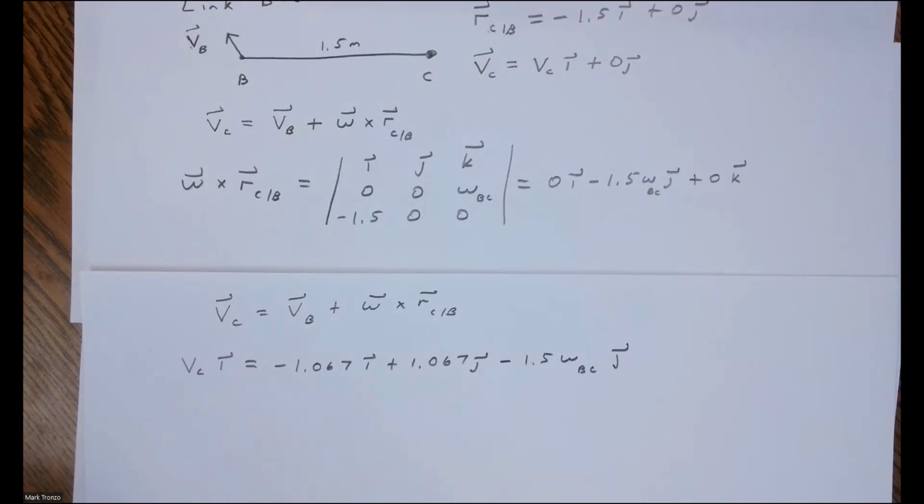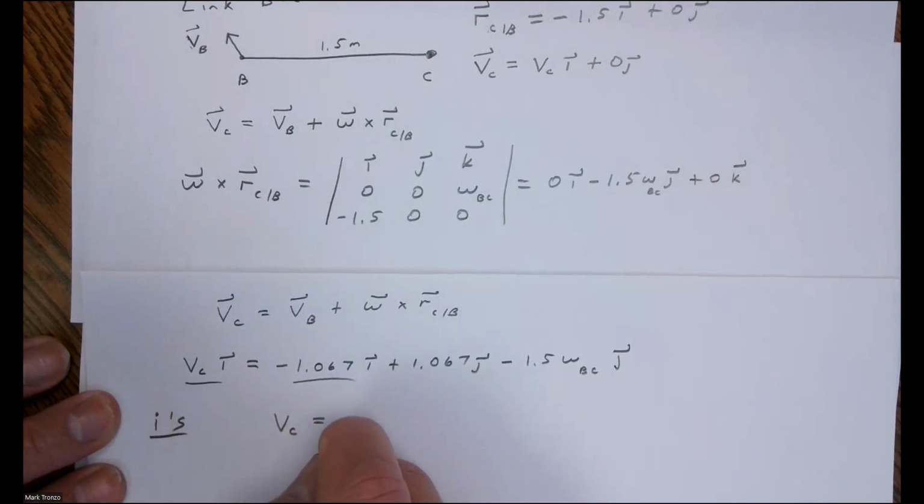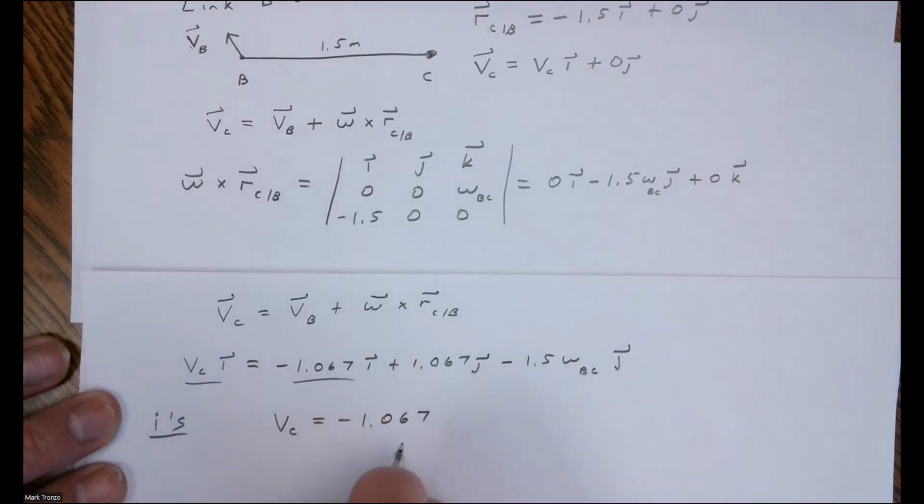And so we can set our terms equal. Let's focus first on the i's. So set the coefficients of i's equal. That gives us VC is negative 1.067. And what are we working with? We're working with meters, so that'd be meters per second.